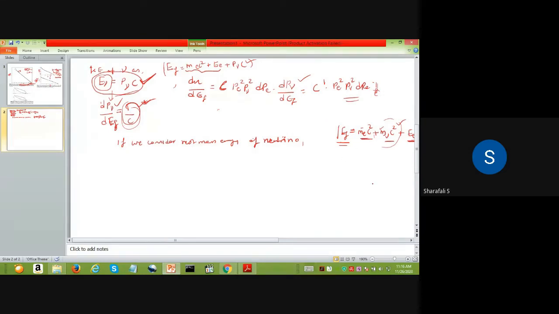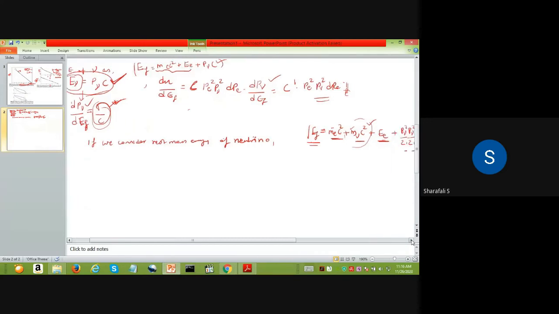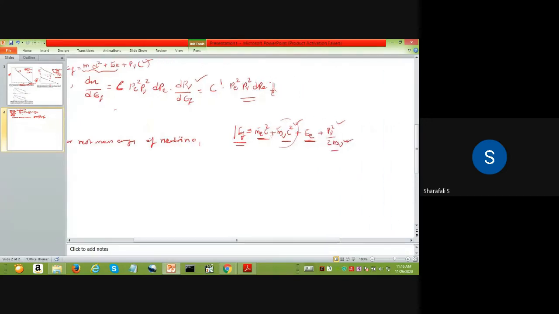Similarly, if you consider the final energy, Ef will be equal to the rest mass energy of the electron plus the kinetic energy of the electron, plus the rest mass energy of the neutrino plus the kinetic energy of the neutrino. Now if you take dp nu by dEf in this case, we get something different.